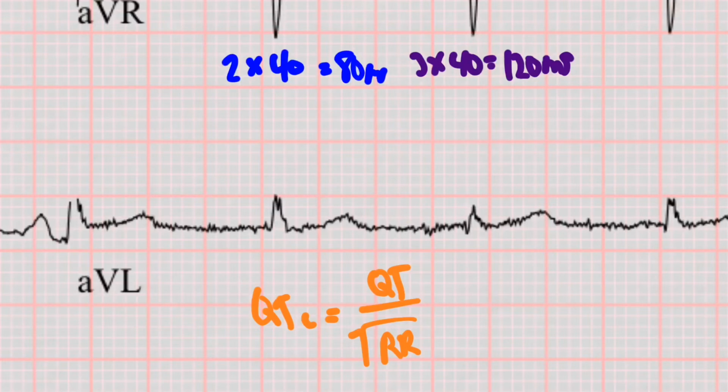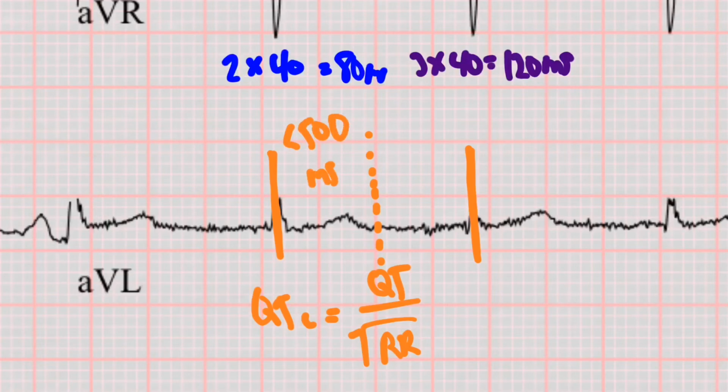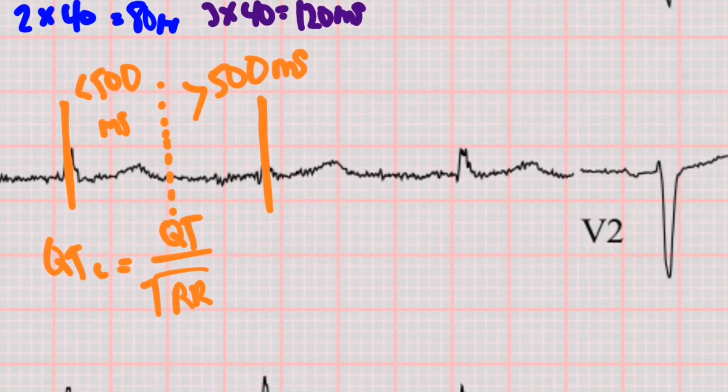But one thing you can do is the bisection method. Draw a line through one QRS and another QRS and a line right down the middle. If we are on this side over here, that means we're on the good side. It means the QTC is probably less than 500 milliseconds. If we're on the other side, the QTC is greater than 500 milliseconds. Well, what's normal? I didn't tell you that.